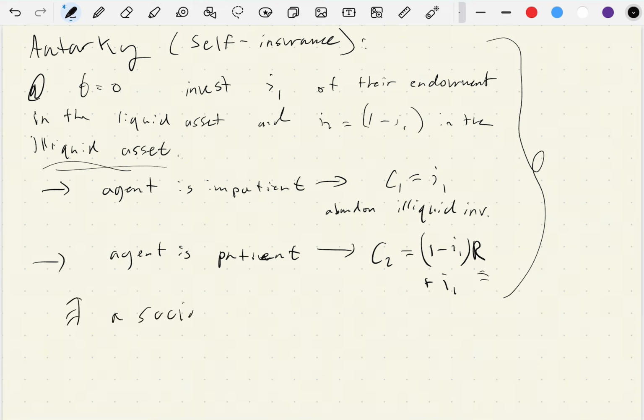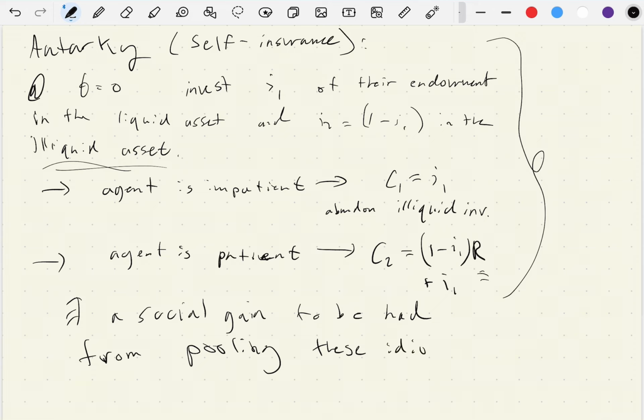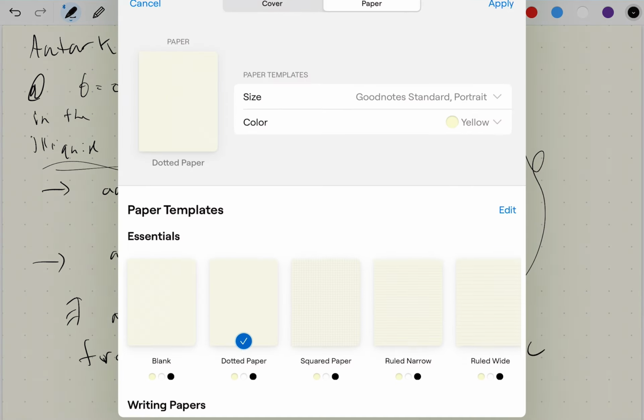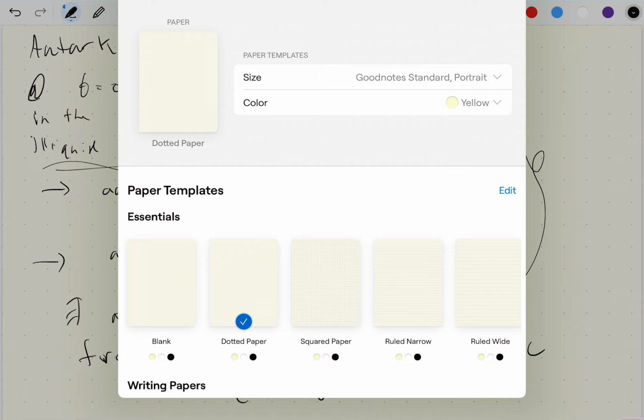So there exists, okay, a social gain to be had from pooling these idiosyncratic liquidity risks. All right. Hopefully that's clear.